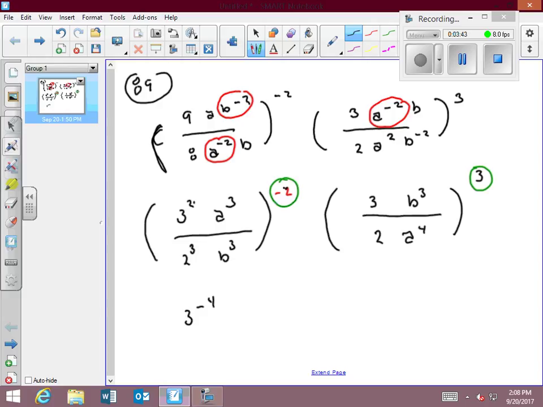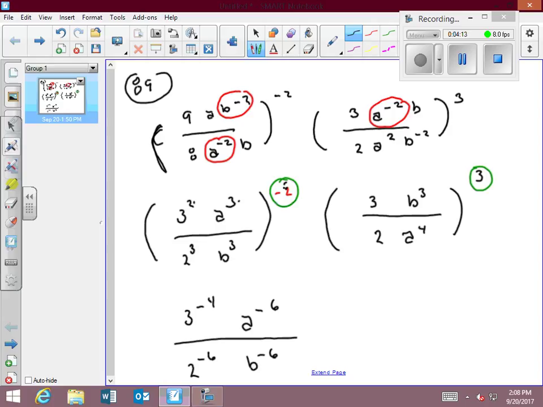And I'm not going to try to clear up my negatives until later. Then I'm going to take this minus 2 times that 3, so I have an a minus 6. Is everyone good with it? Now I'm going to go in the denominator, and this 2 to the third is 2 minus 6, and then it's b minus 6.